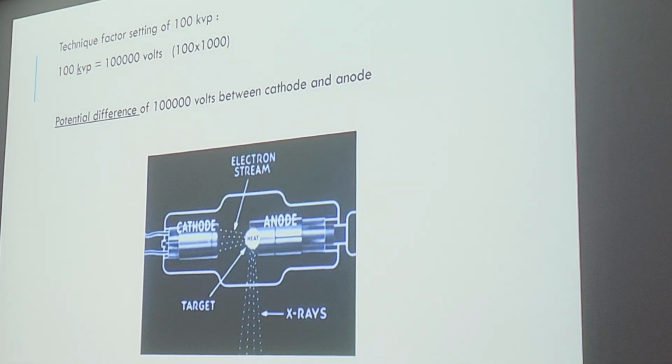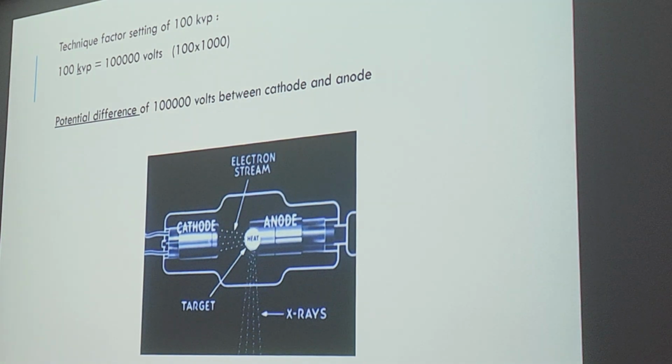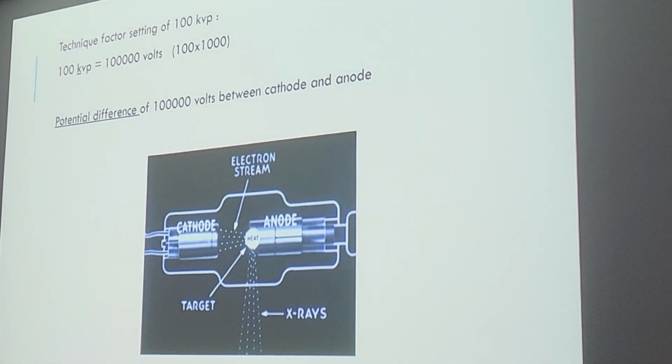For electrons to travel through to our anode, there has to be a difference of voltage. So when we set a technique factor of 100 kVp, that's 100,000 volts of potential difference between our cathode and our anode. Does that make sense?